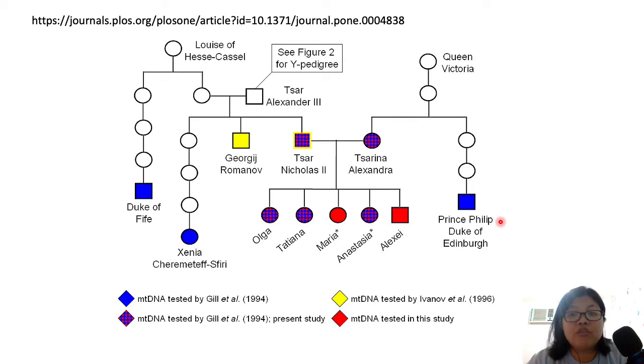So they were able to give a full account of all the members of the Romanov family, and it can be concluded based on this study that none of the members of the Romanov family survived the execution on the morning of July 17, 1918.